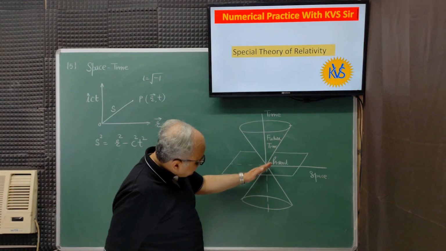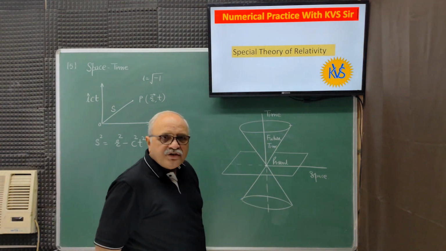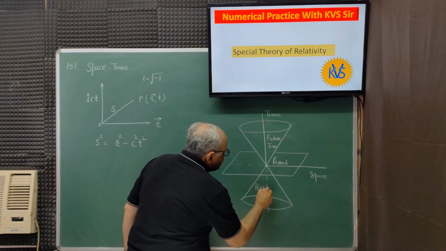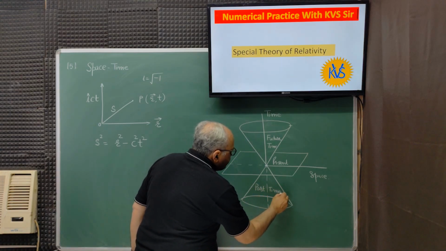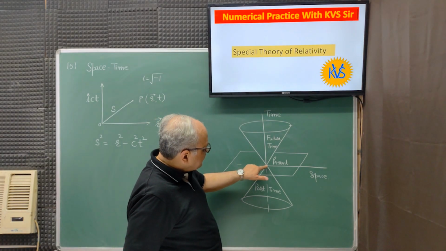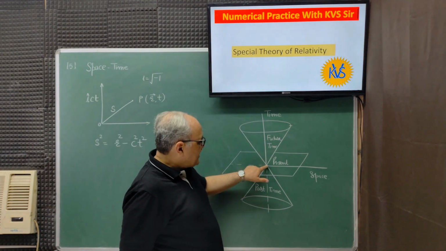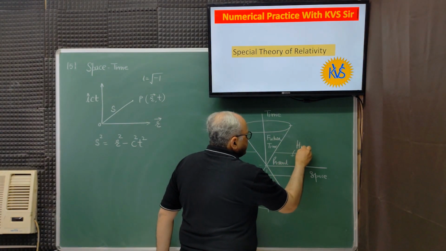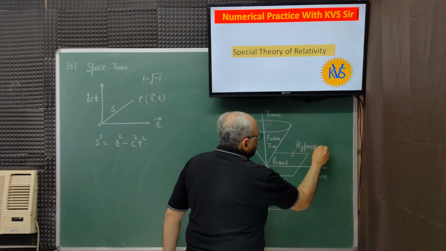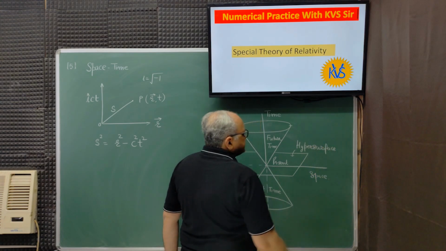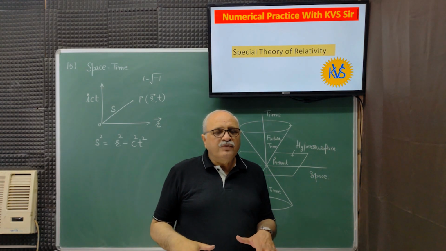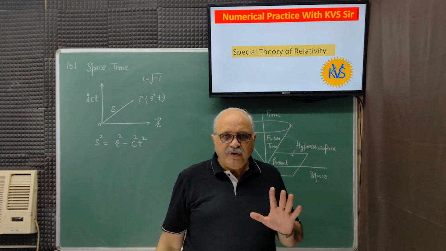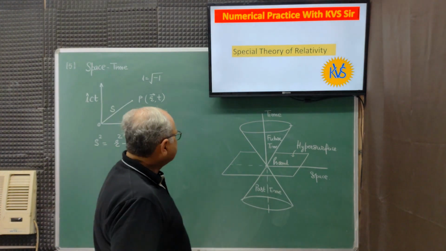And obviously its image on the negative side of time is the past time, and this origin belongs to the present time, and this hypersurface is the present status. So we can think of the past, present and future. This is the advantage of this type of system.